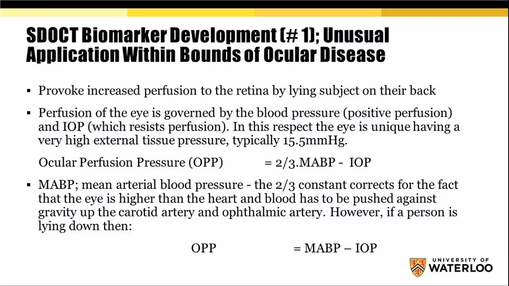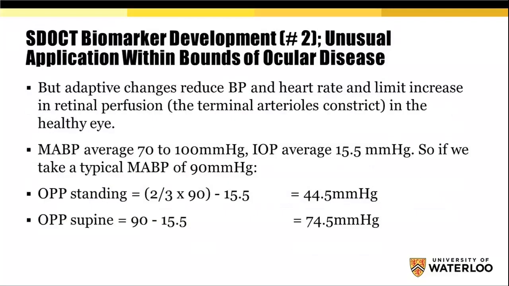Next slide, please. If we take a mean arterial blood pressure of say 70 to 100 millimeters of mercury, and a typical mean arterial blood pressure of 90, let's say, the OPP when standing is roughly 45 millimeters of mercury, and when supine is 75 millimeters of mercury.